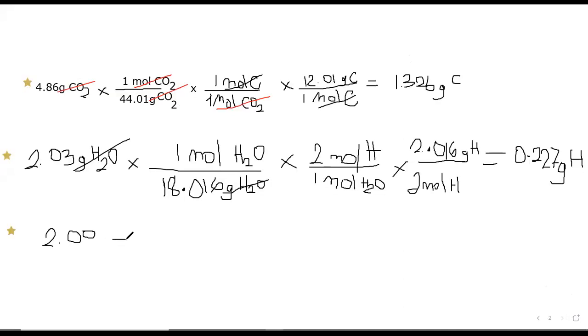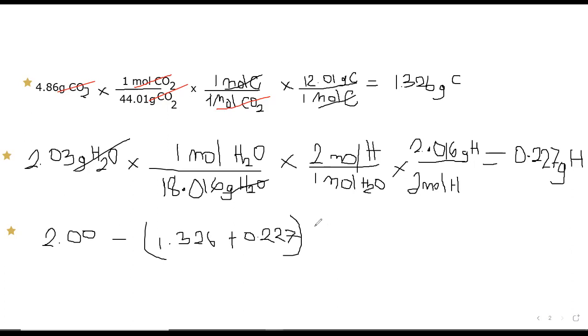So 2 grams minus, then we'll open a bracket, 1.326, then plus 0.007 227.